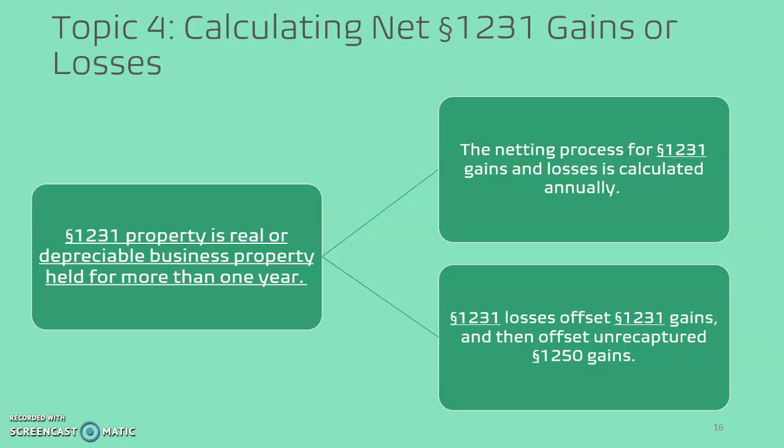Topic 4. Calculating net Section 1231 gains or losses. The Section 1231 property is real or depreciable business property held for more than 1 year. The netting process for Section 1231 gains and losses is calculated annually. The losses offset the gains and then offset unrecaptured Section 1250 gains.